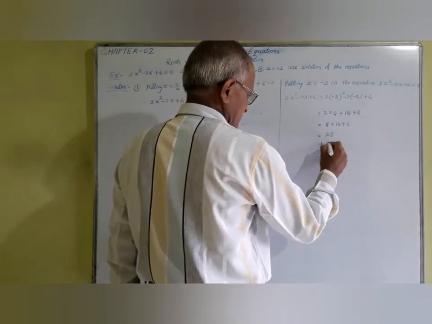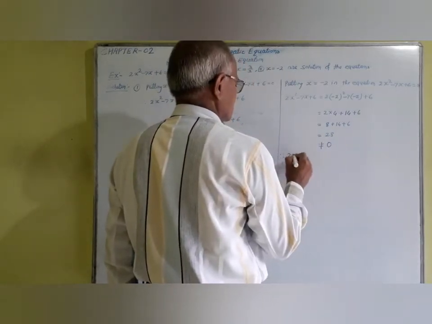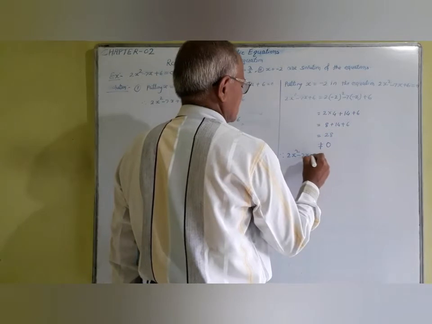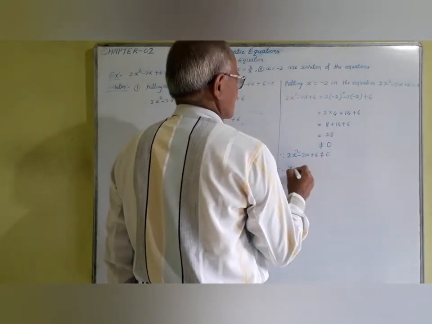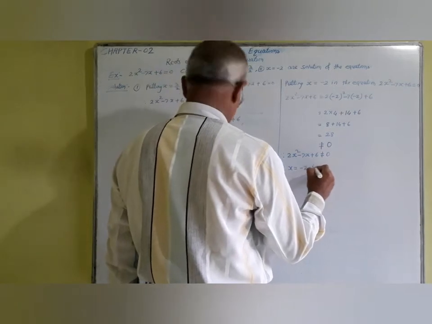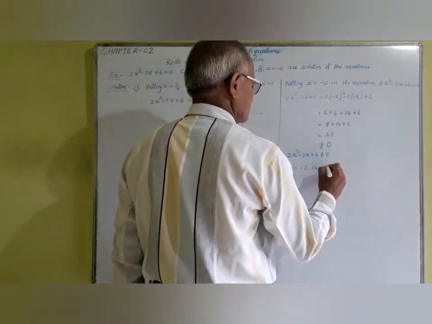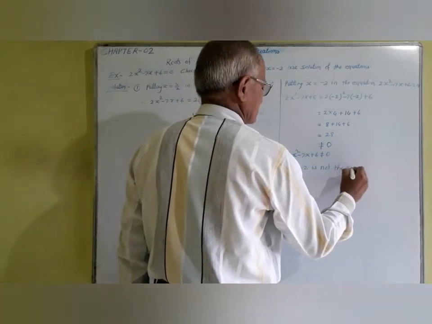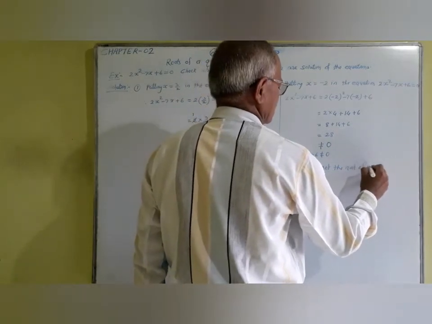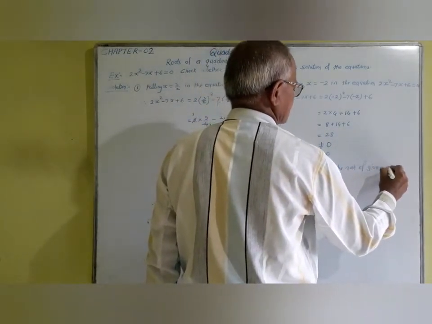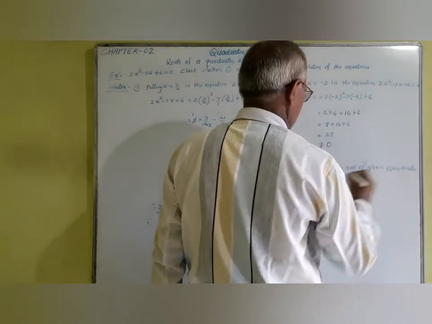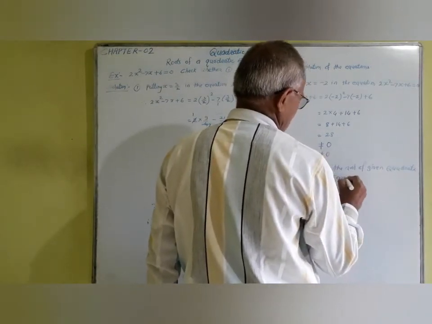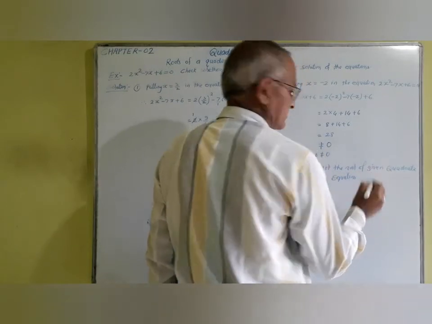It is not equal to 0. Therefore 2x square minus 7x plus 6 is not equal to 0, and therefore x is equal to minus 2 is not the root of the given quadratic equation.